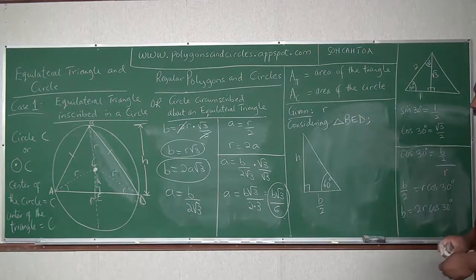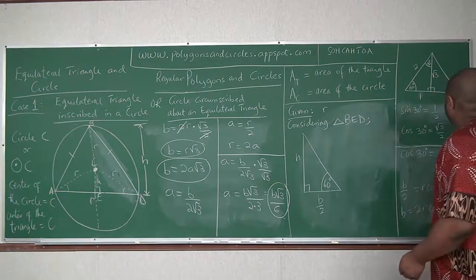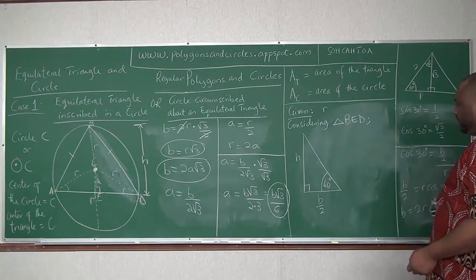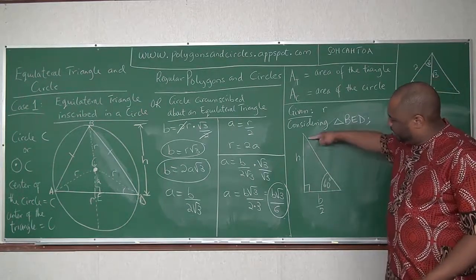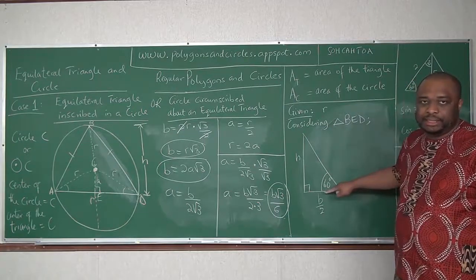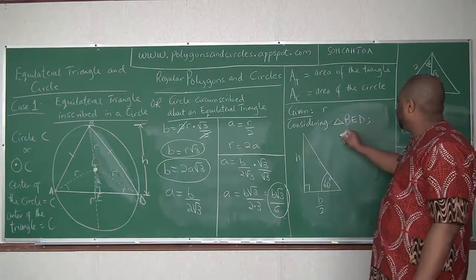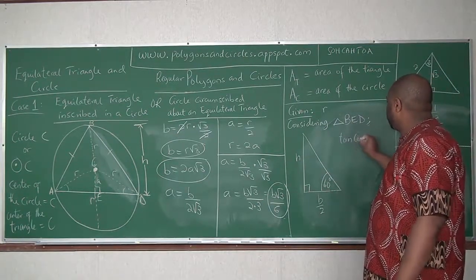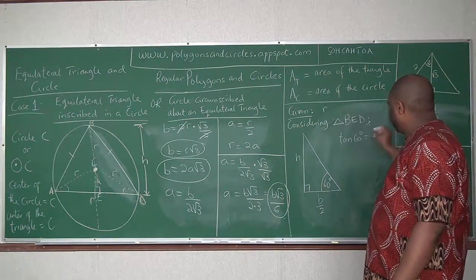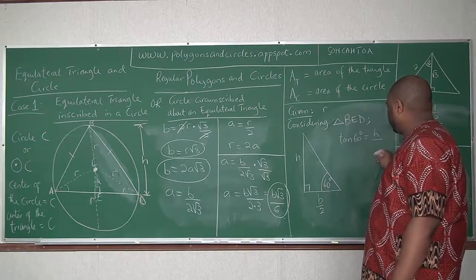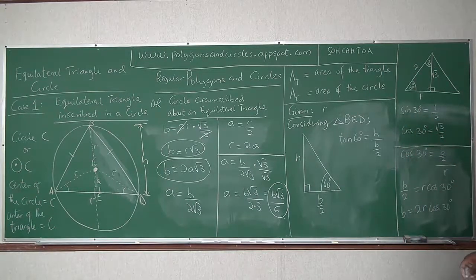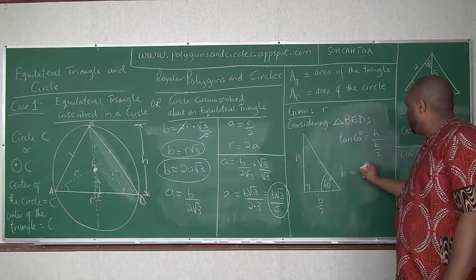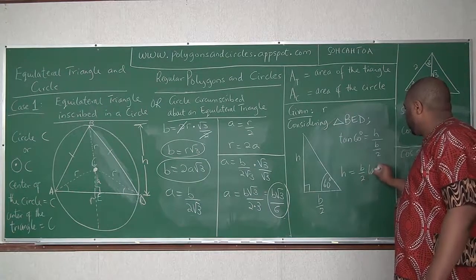So, this is the opposite and this is the adjacent. So that is tan 60. Tan 60 degrees is opposite over adjacent. So the height will be b over 2 times tan 60 degrees.